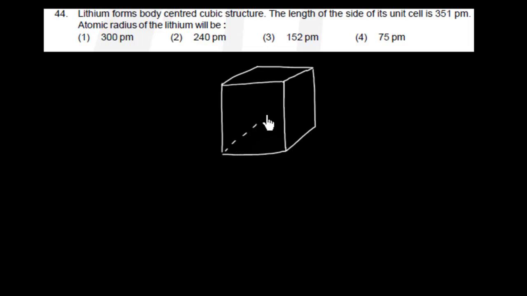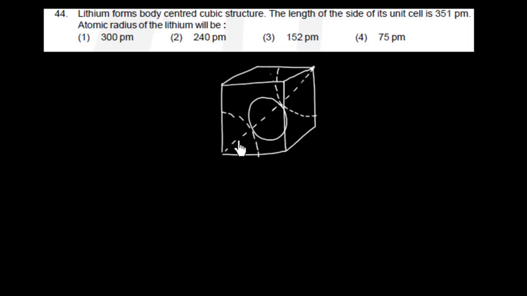This is the body diagonal. You have one atom on this corner, so this corner contains one atom. This is only part of the atom I am showing. This corner also contains one atom, only part of the atom I am showing. And the body center has another atom.